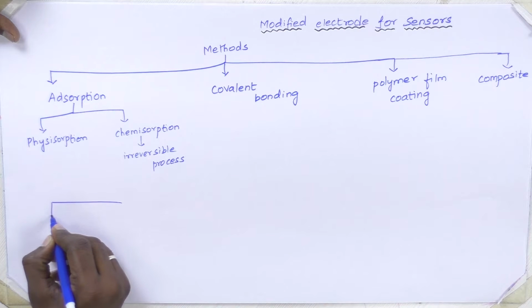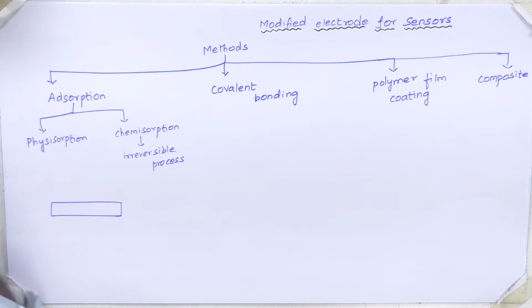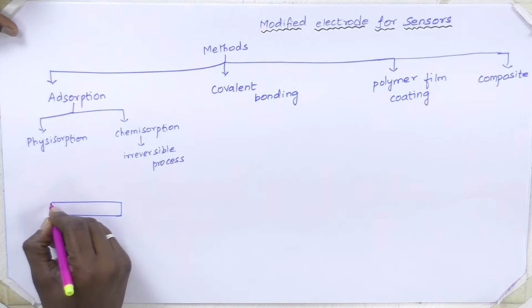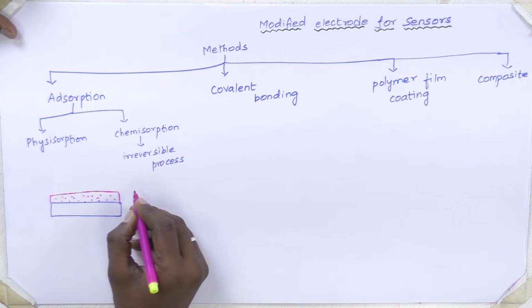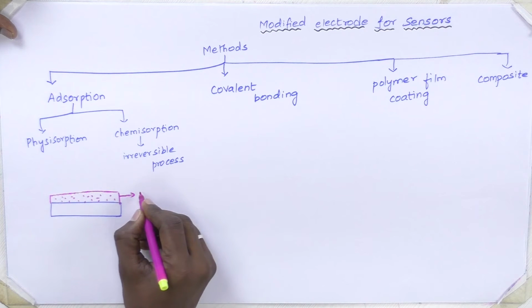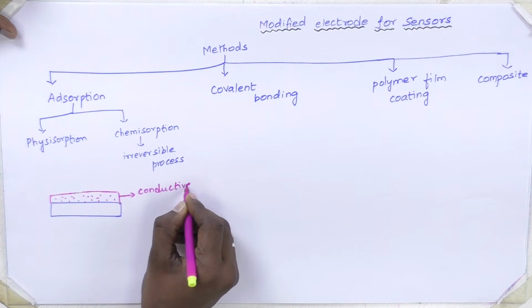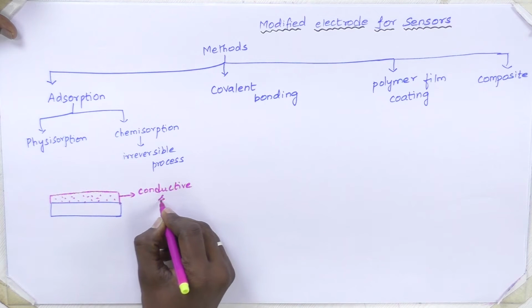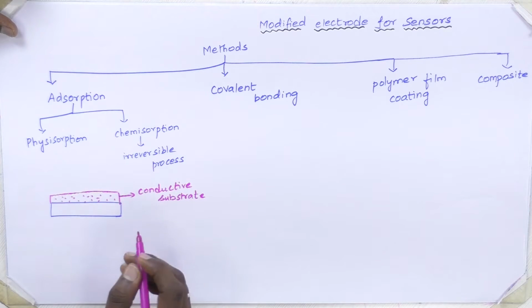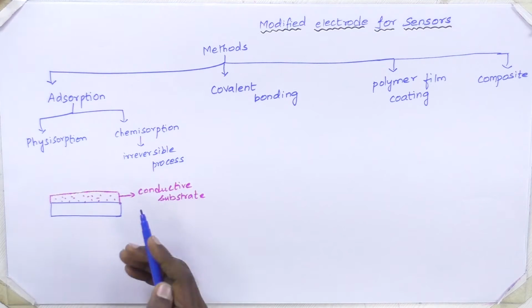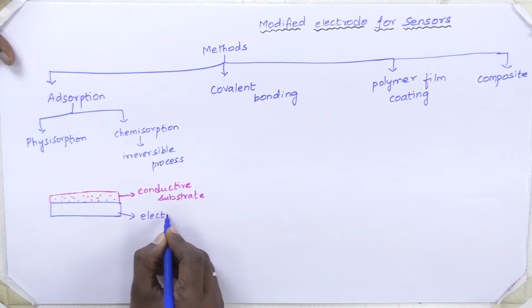When the electrode surface is coated with a conductive substrate, imagine this as a conductive substrate, and this as an electrode surface.